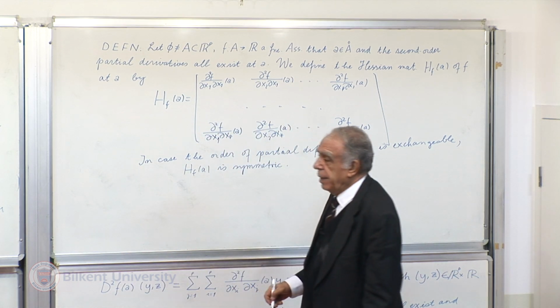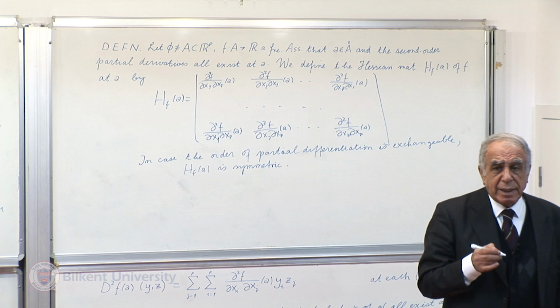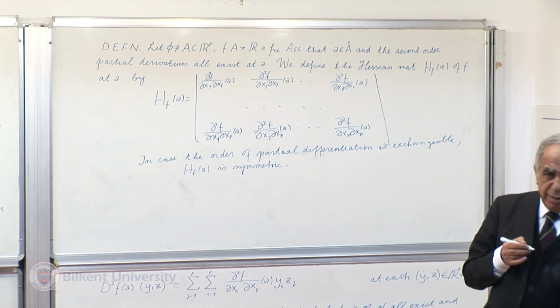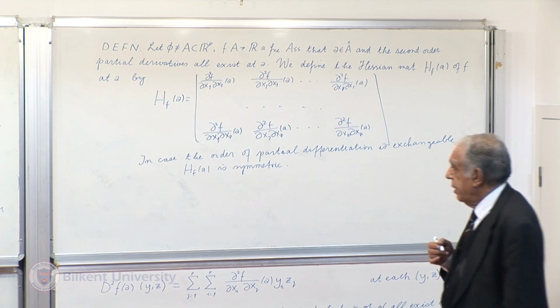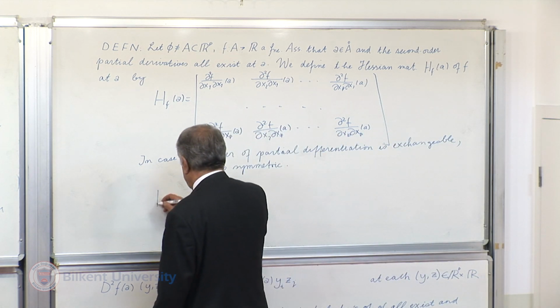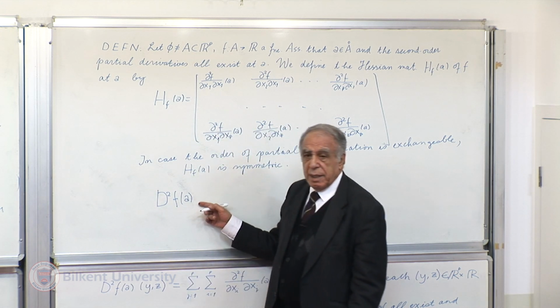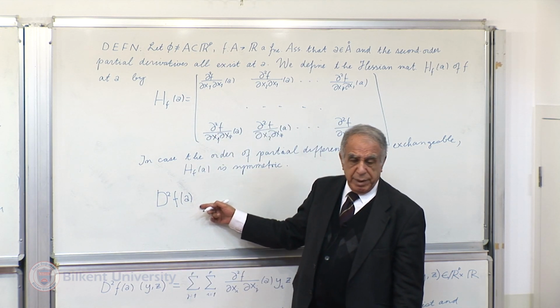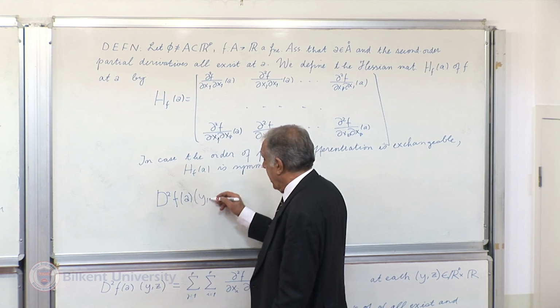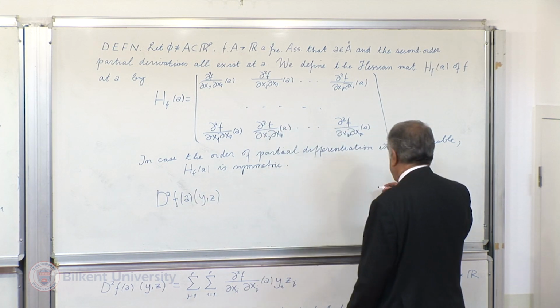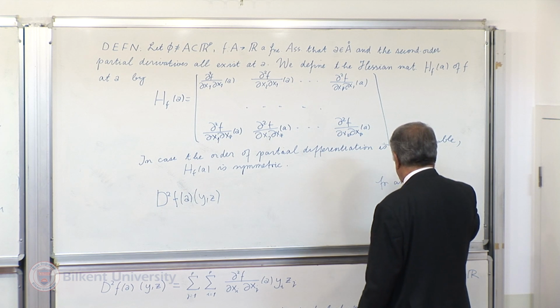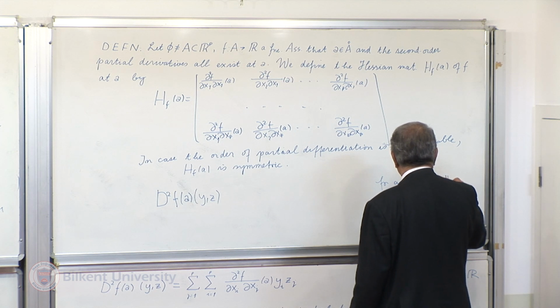Secondly, can we express the second derivative of f at A via the Hessian? That is, take the second derivative of f at A. This is defined on Rp cross Rp, at (y, z) for any (y, z) in Rp cross Rp.